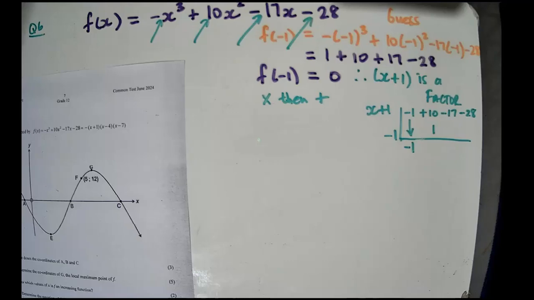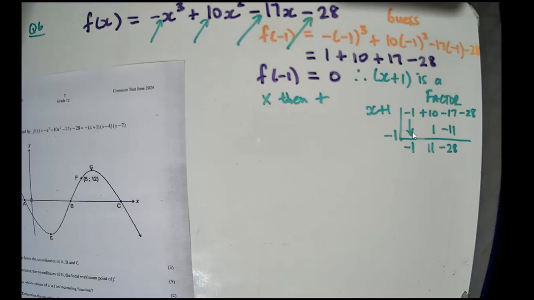So 10 plus 1 is 11. Minus 1 times 11 is minus 11. Next step is to multiply, then add. So adding is next. Now I must add these two. Adding those two, minus 17 and minus 11, will give me minus 28.